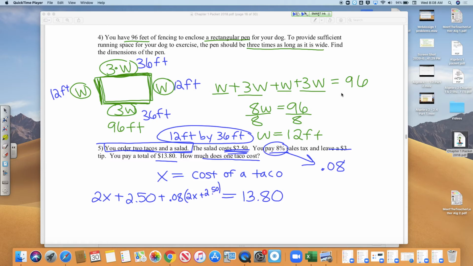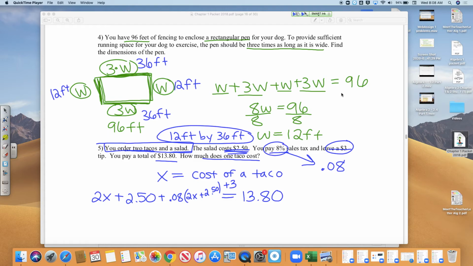And we also are going to be leaving a $3 tip. I'm running out of space here, but this should say 2x plus 2.50 plus 0.08 times (2x plus 2.50), plus the $3 tip is equal to $13.80.